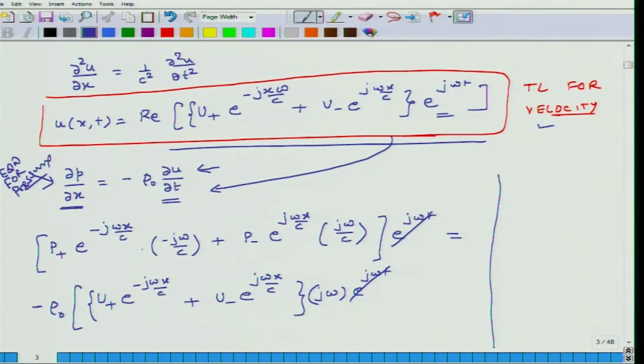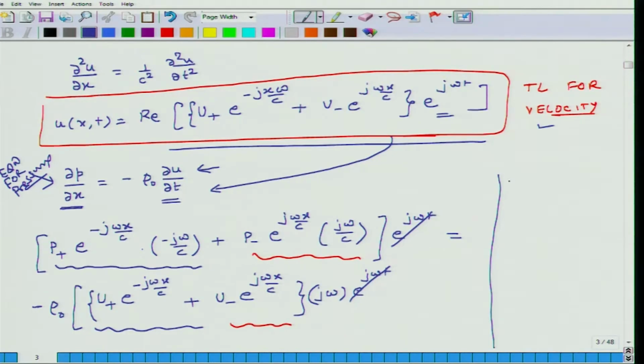That can happen only if this term equals this term and this term equals this term, of course multiplied by j omega and rho naught. So I establish these two equivalences.